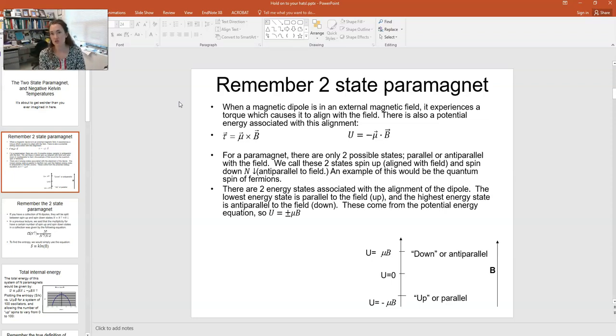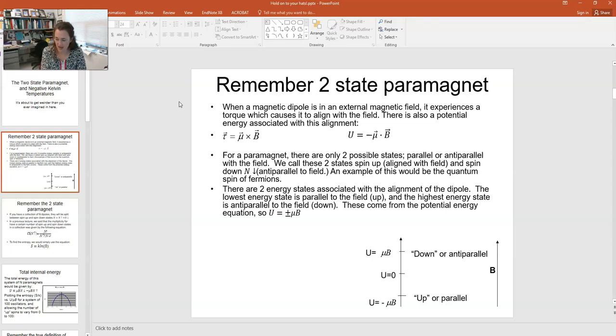Now, there's a potential energy associated with the alignment of a magnetic dipole in a magnetic field. That potential energy expression is U equals minus mu dot B, where yet again mu is the magnetic dipole moment and B is the external field. Now the minus sign is because if the dipole is oriented parallel to the field, then that's the lowest energy state that it can be in, right?